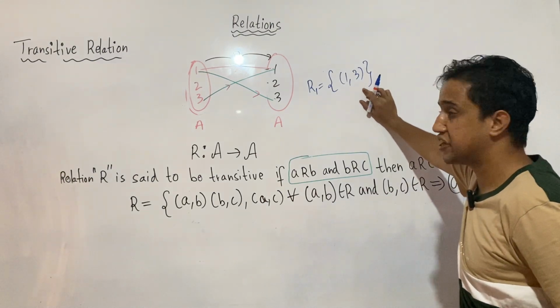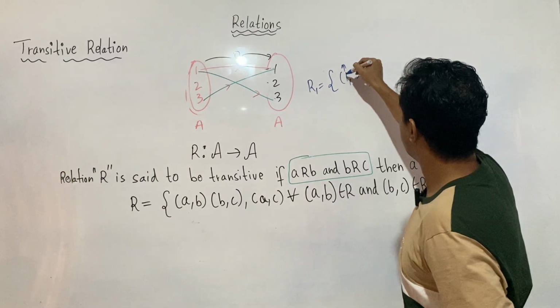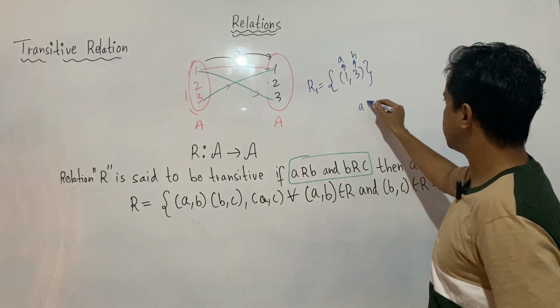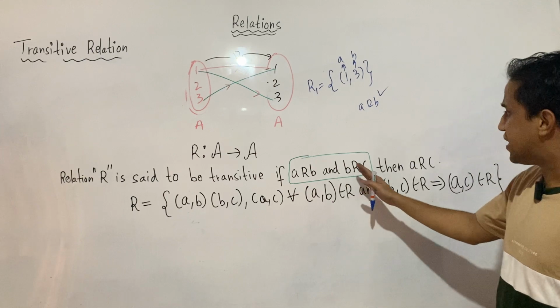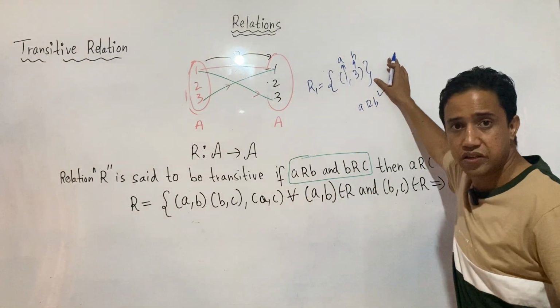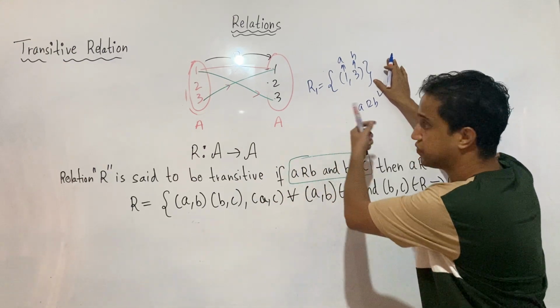So this relation is transitive because if you think of this as A and this as B, then A is related to B, that is fine. Now, B is related to C, that is not given, that does not exist here. So it doesn't affect the nature of this relation.